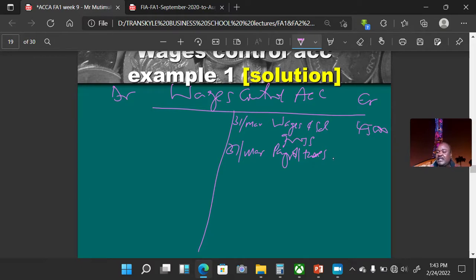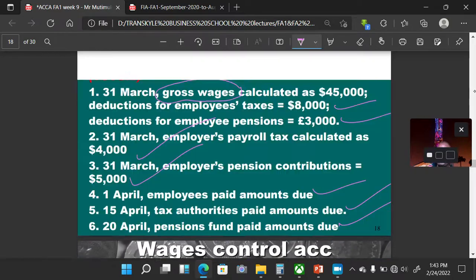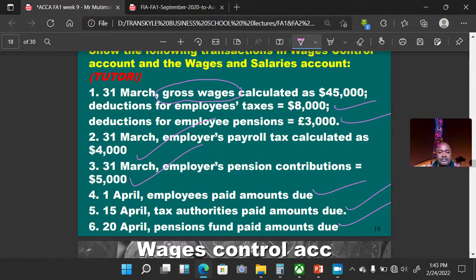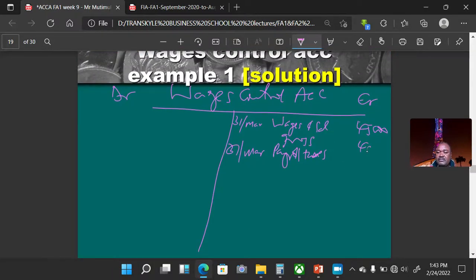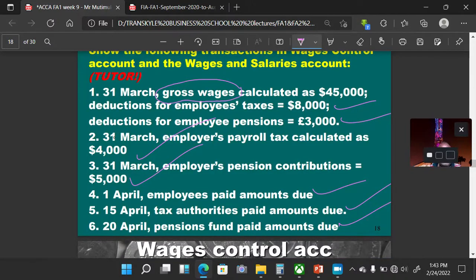Like I said, this side is for the employers' tax obligations. How much were they? Employers' payroll tax calculated is 4,000. Then on 31 March again, we did something here about the employers' pension contributions.